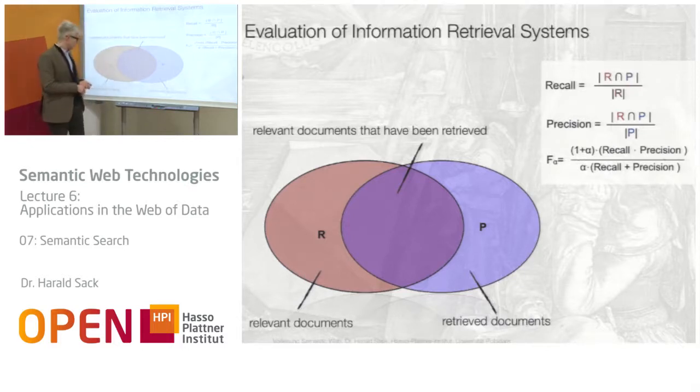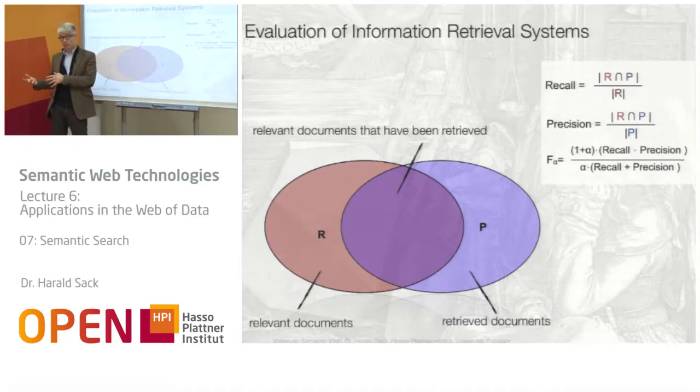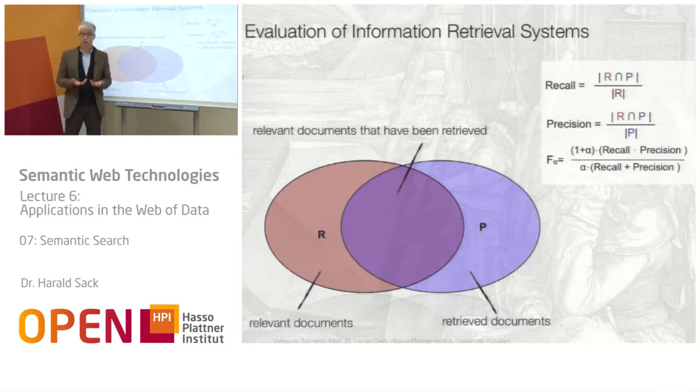First of all, you have to define these two sets. You have the relevant documents, which would be the right answer to your question, and you have the retrieved documents. These are the documents that the retrieval system or the search engine really returns. In the ideal case, they should have some match, and the intersection of both are the relevant documents that have really been retrieved by your retrieval system.